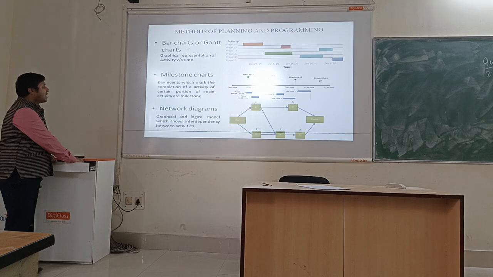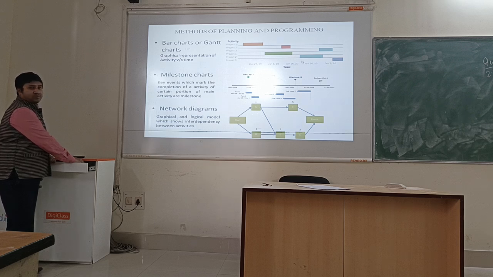One is the bar chart. This is an example of a bar chart, which is a plot between the activity and the time schedule. This bar chart represents the time consumed by a particular activity. Activity 1 consumes this amount of time, suppose 2-3 days.